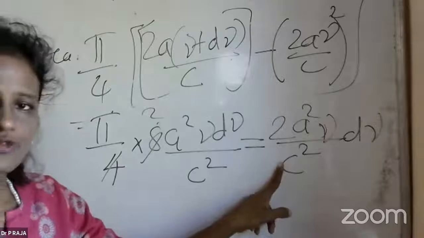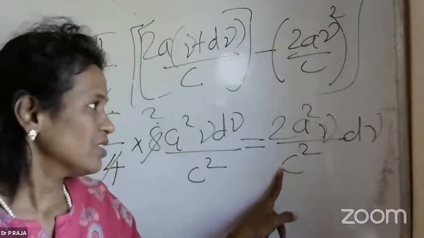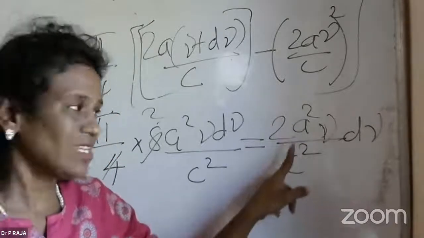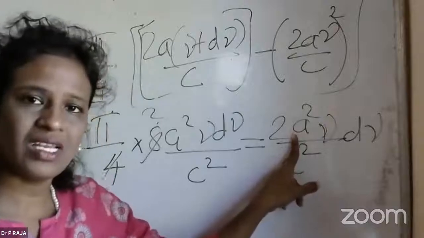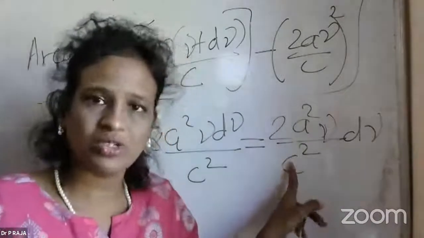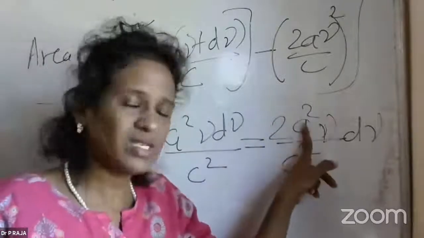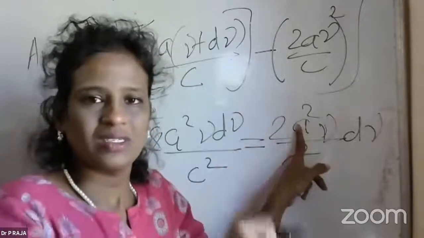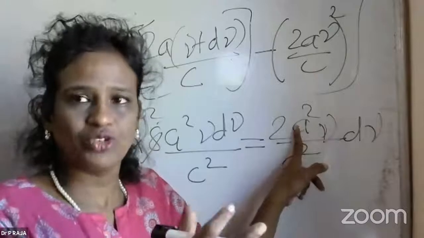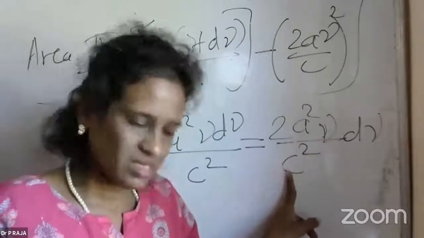This is for the two-dimensional case. Do you remember in Rayleigh-Jeans, it will be a cube by c cube, because they have taken it in the case of three-dimensional. For two-dimensional, this will be only a square by c square, taking the length of the cube as a.